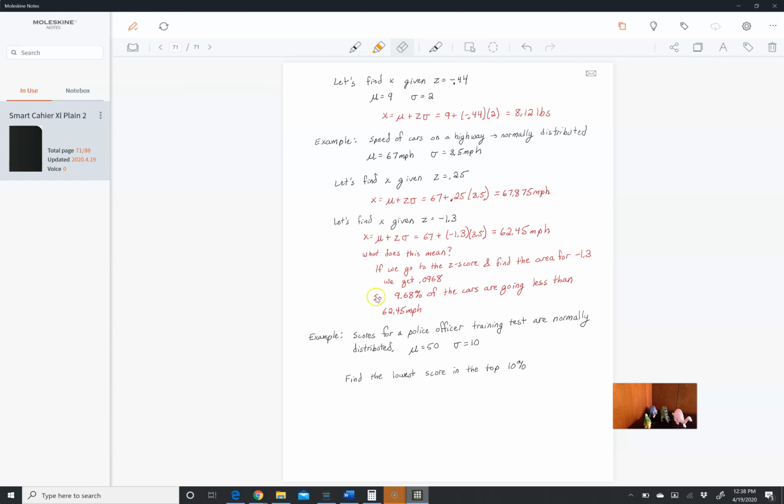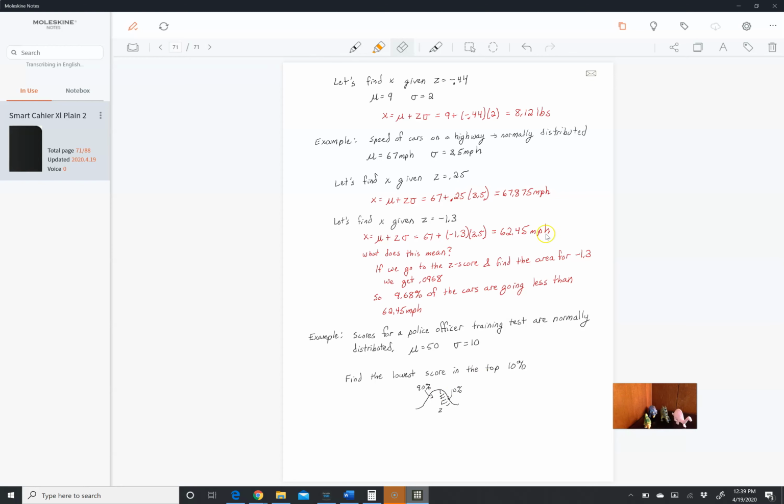Okay, so what we're looking for is, again, here's our normal curve. Here's our z-score. This is telling us that it's 10%. So we need to find what that z-score is. If this is the top 10%, then we have to find a z-score that has an area of 90%. So if this is 10%, this is 90%.